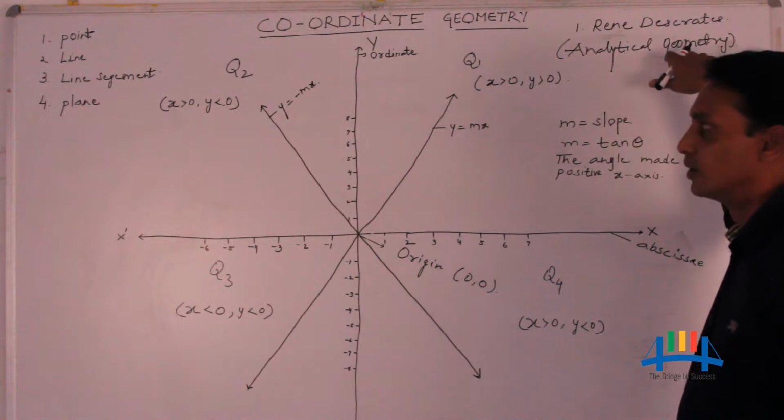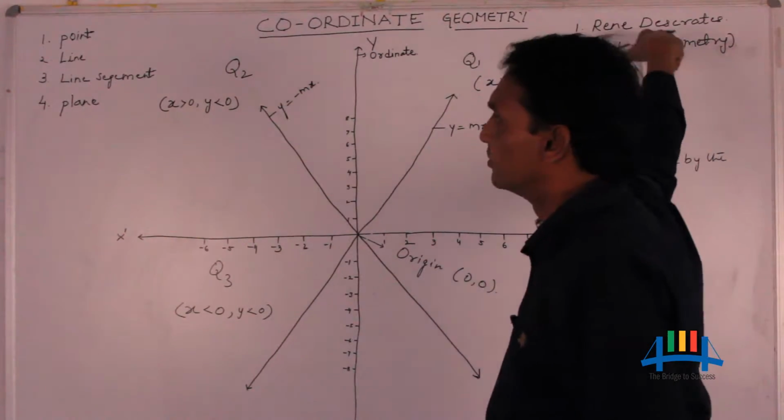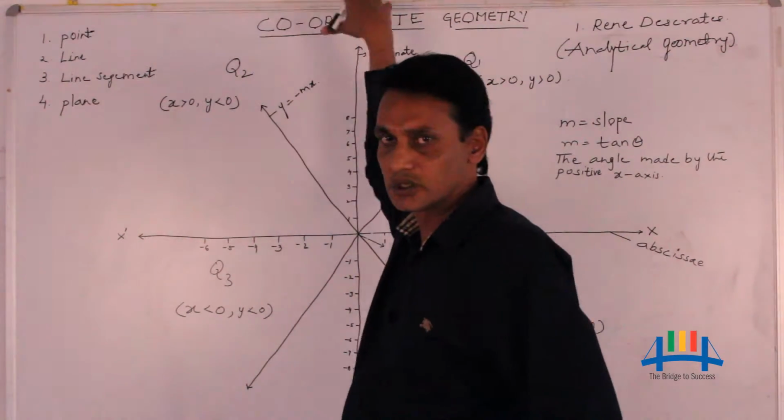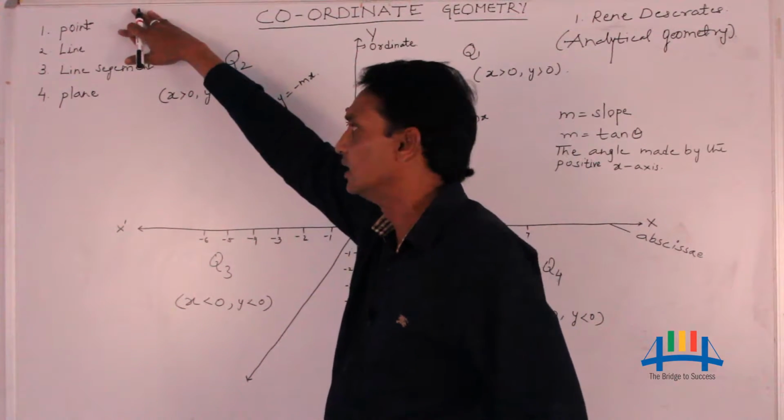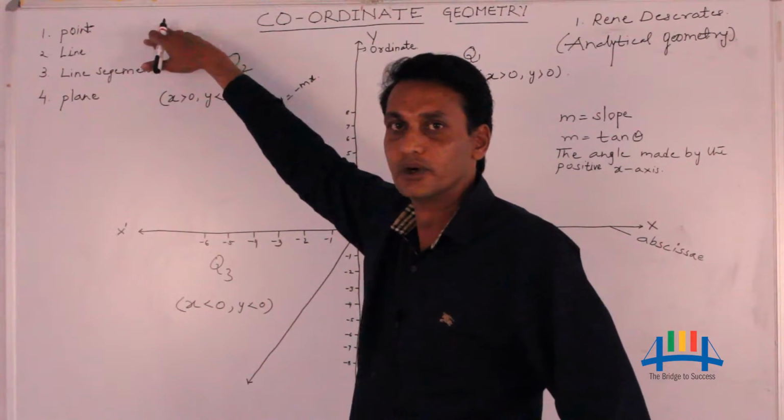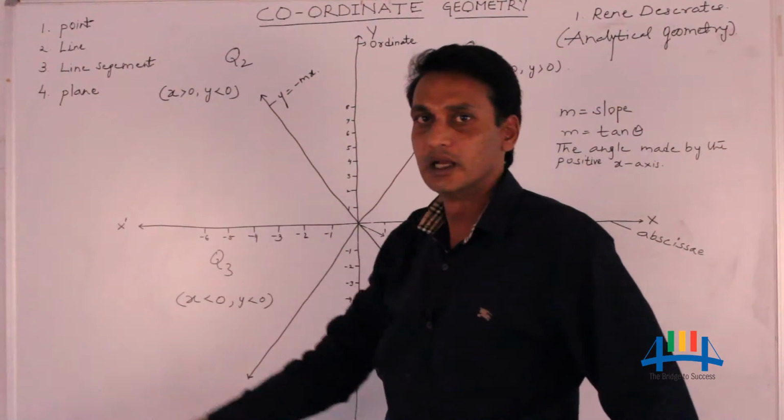Before going into the point, let's go through some points which are related to this concept. The first one is point, second is line, third is line segment, fourth is plane. Let's see what a point is.